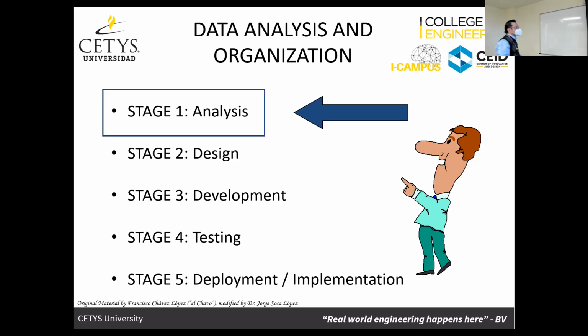These are in general the 5 stages we require for creating an information system, or in this case, a database system. So all of you have used the app, right? The Cetis app.